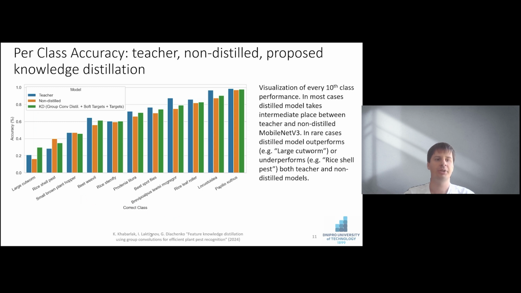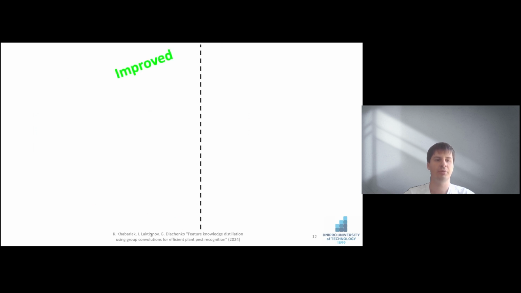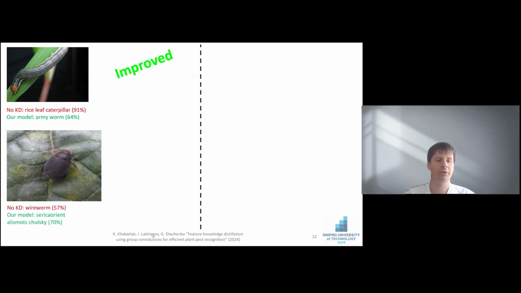So let's take a look at certain classes where the model has improved or not. For instance, there is an illustration of army worm. The non-distilled model is wrong, with high confidence, by the way, and the distilled model improves the situation, the same way here and here.